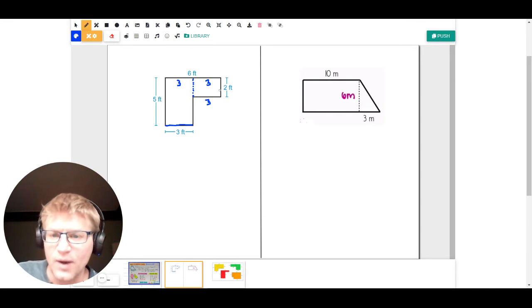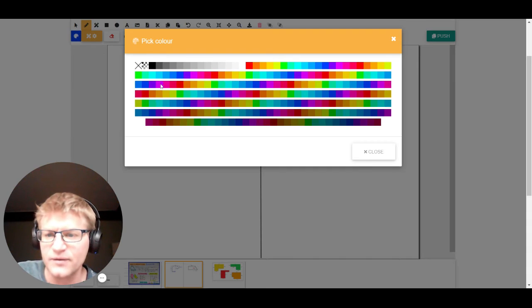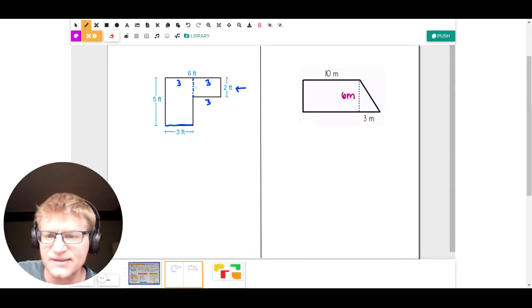Well, what do I know? I know that this side is 2, right? So if that's 2, it means that also, I should change the color here. Let's make this pink. If that's 2, it means that because of that 2, this one is also 2, that side right there. So if that's 2, then what would this one right here be?